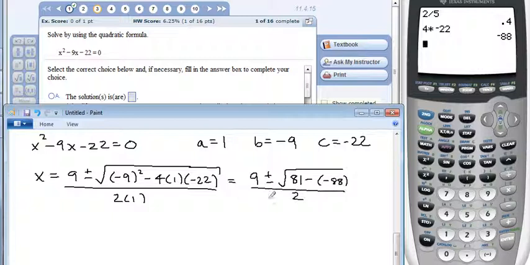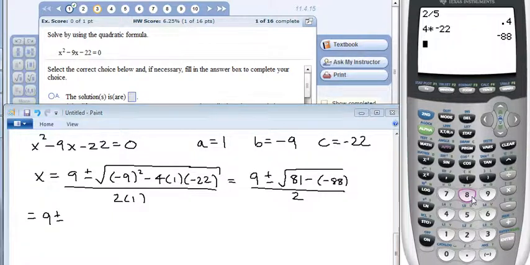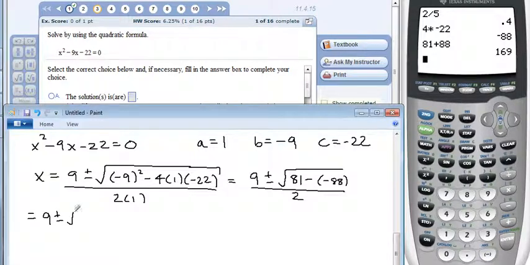And 2 times 1 is 2. So now we have 81 minus a negative 88, which is like a plus, right? So we have 81 plus 88 for 169, all over 2.